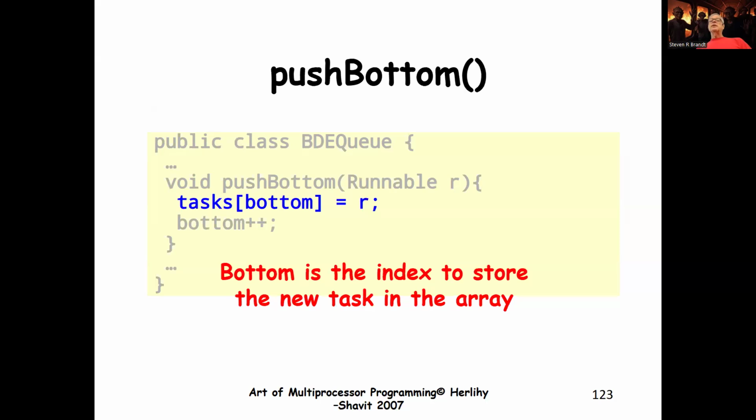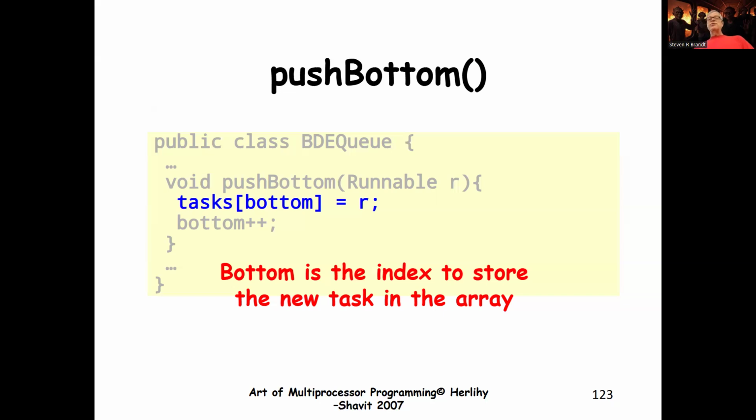Remember that in Java, bottom is not supposed to be a valid value. The valid values are from top to bottom minus 1, just like the size of an array. If the size of an array is 10, valid indexes are 0 to 9. So in this queue, the valid indices are from top to bottom minus 1.